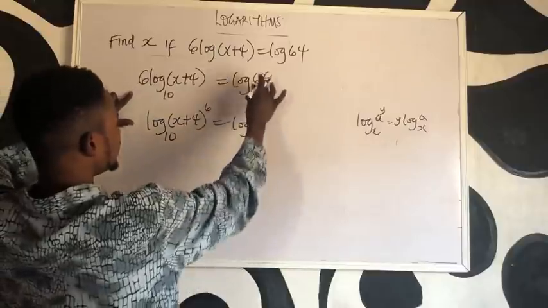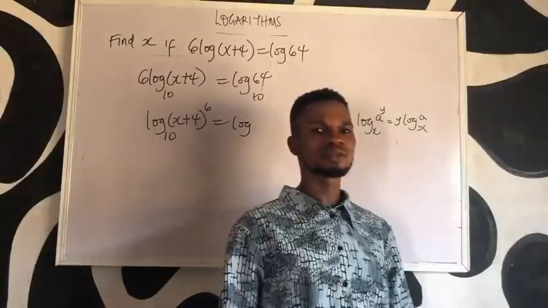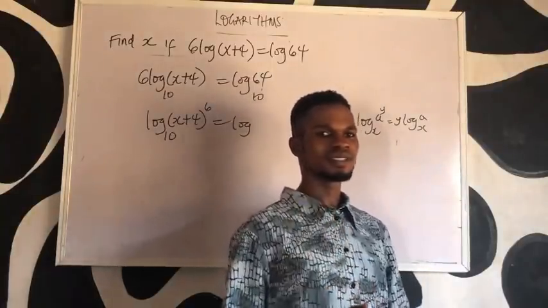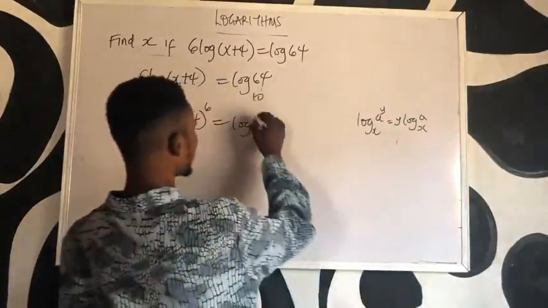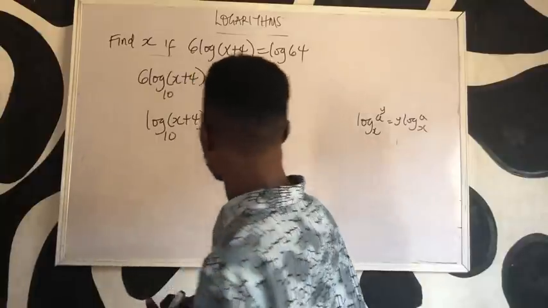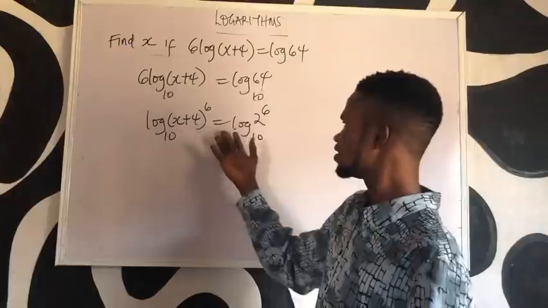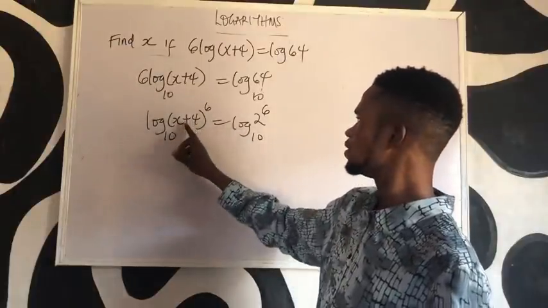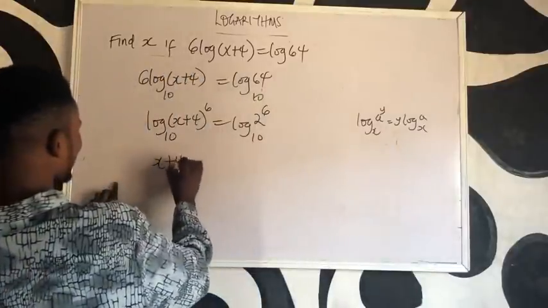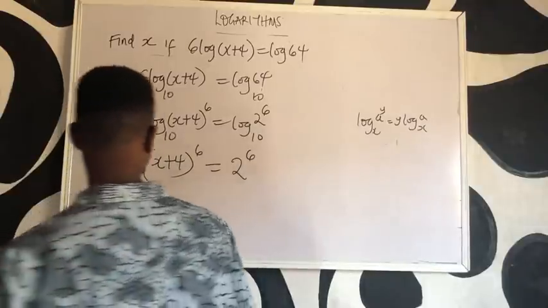Then this 64 is the same thing as 2 multiplied by itself 6 times, 2 raised to power 6 base 10. Now, we see that the bases are equal, there is equality. Then we should equate this and this. We have (x plus 4) raised to power 6 is equal to 2 raised to power 6.